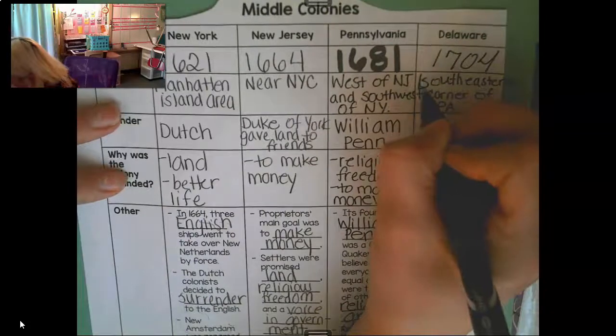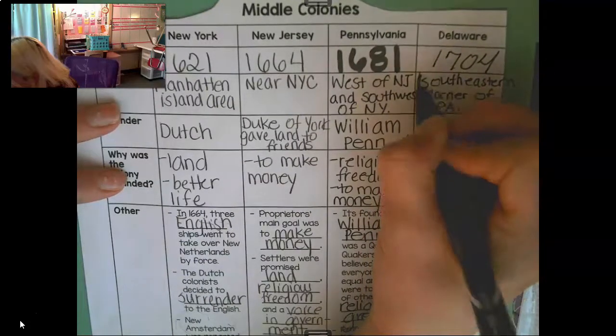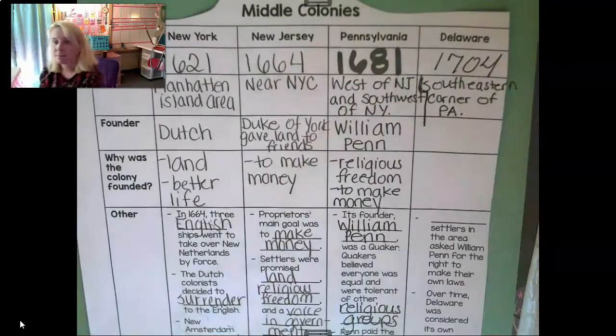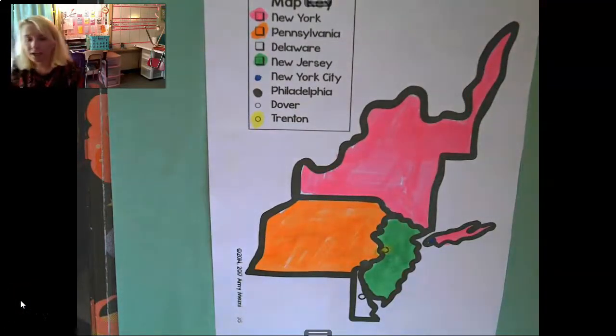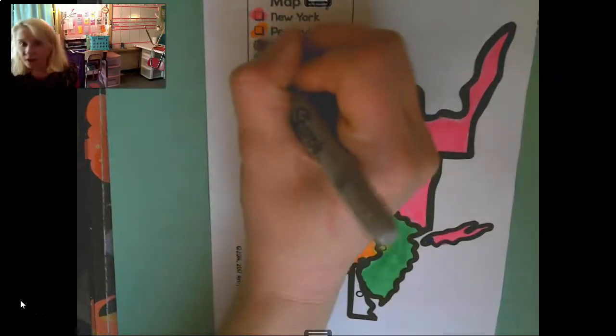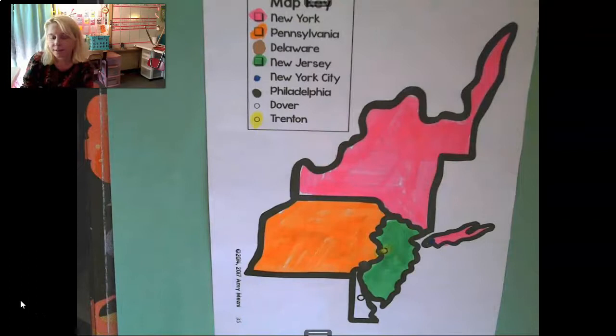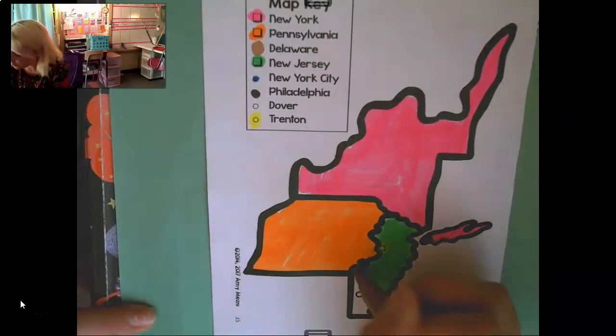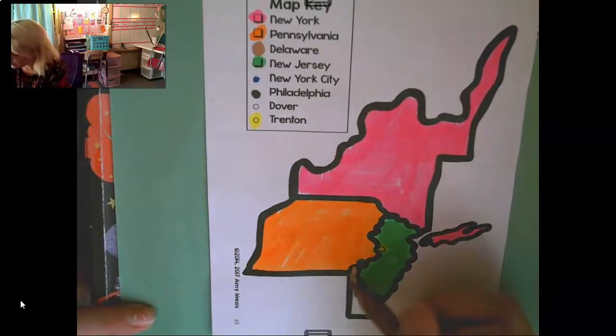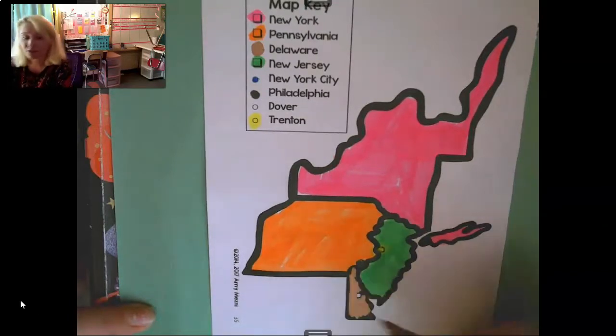Let me kind of block that off a little bit. Okay, so now we are going to shade in Delaware, which I'm going to give this bronze color. And Delaware would be here. So it would have started off as this corner, but then eventually grew to its full size, which is still quite small.